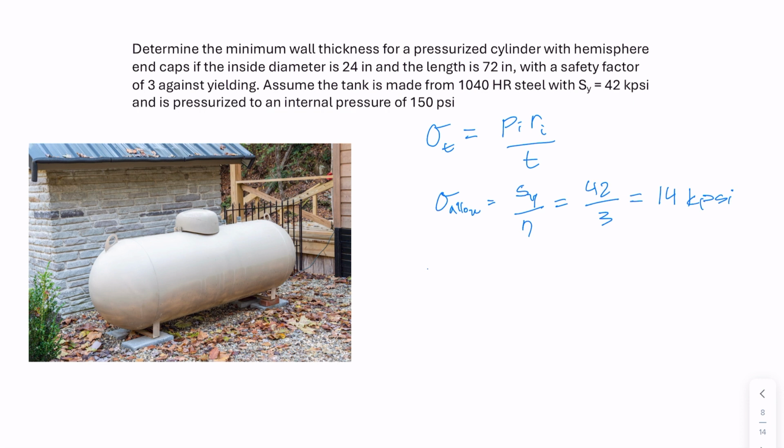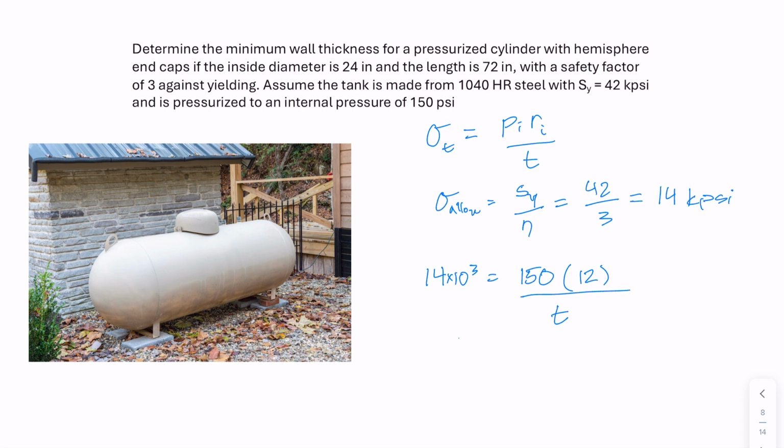So with that value, we can substitute that 14 kpsi in for our tangential stress in the thin wall equation at the top. And so we would have 14 times 10 to the third psi equal to our internal pressure of 150 times the inside radius, which is 12 inches, all over our thickness.